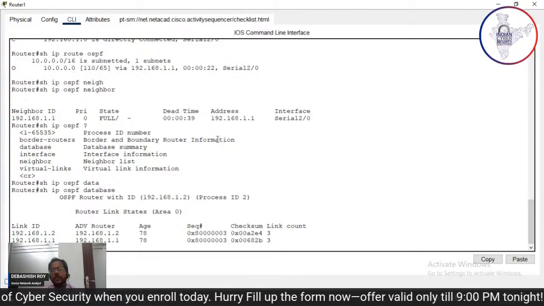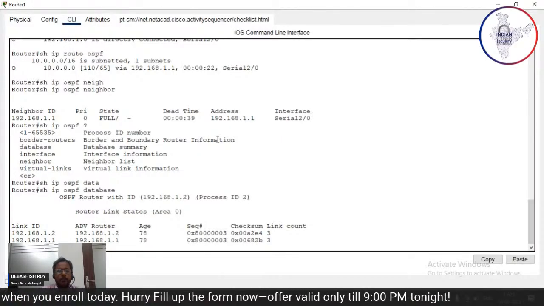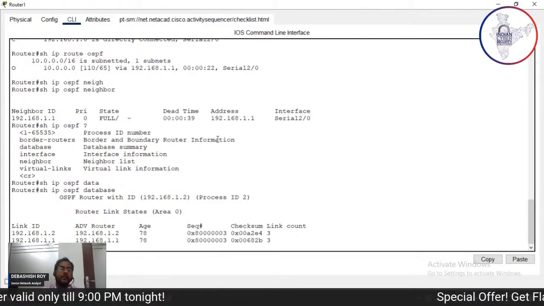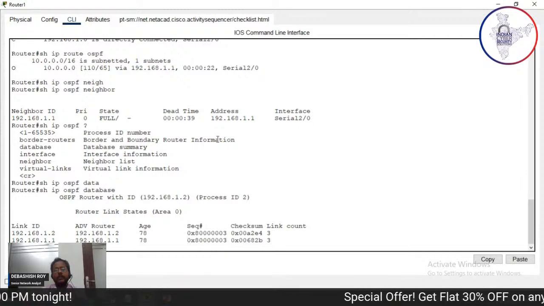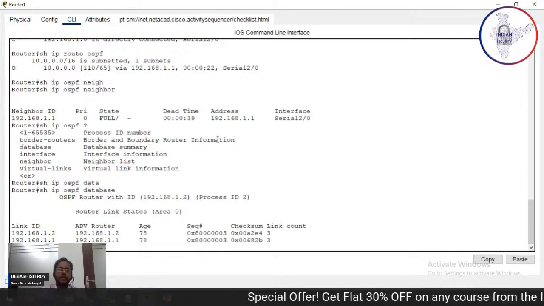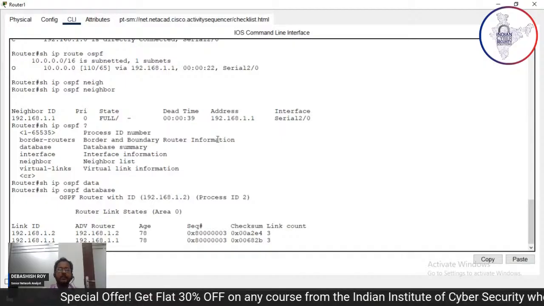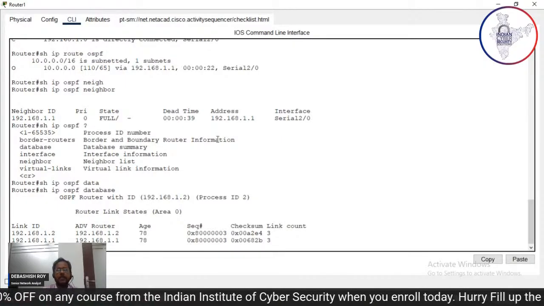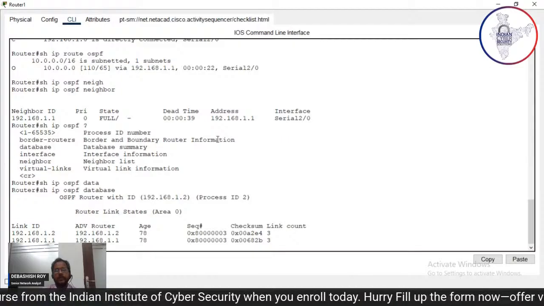and there are some other concepts also, like you can set up the DR, BDR, designated router and backup designated router, to minimize the LSA flooding. All the routers are actually exchanging the LSAs using 224.0.0.5 among themselves. So a lot of LSAs are exchanged, and it will cause a lot of LSA flooding.